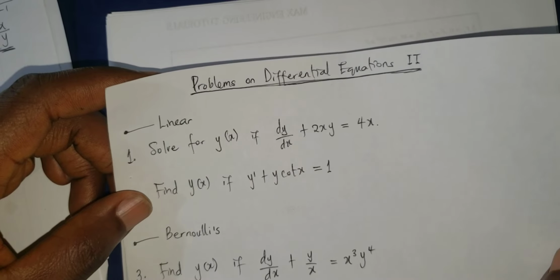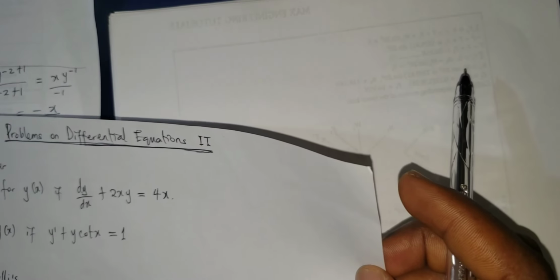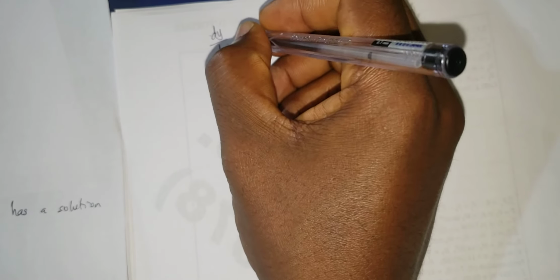is linear. So for our case here, we'll say that our linear differential equation is generally going to be of the form dy/dx plus p of x multiplied by y is equal to q of x.